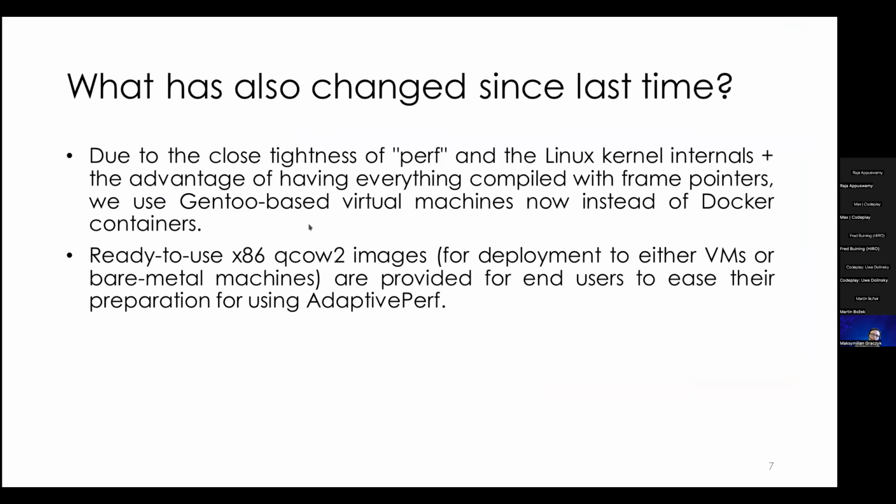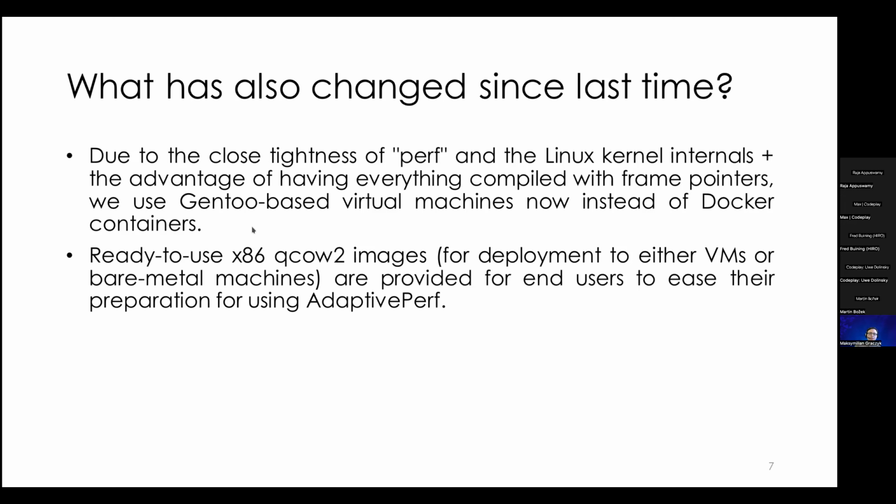I also want to mention a few things which have changed since last time when I presented the profiling tool back in September. First of all, because perf and the Linux kernel internals are very closely tied together, and because it's advantageous to have absolutely everything compiled with frame pointers, so with the no-omit-frame-pointer and similar compiler flags, we use Gen 2 based virtual machines instead of Docker containers.